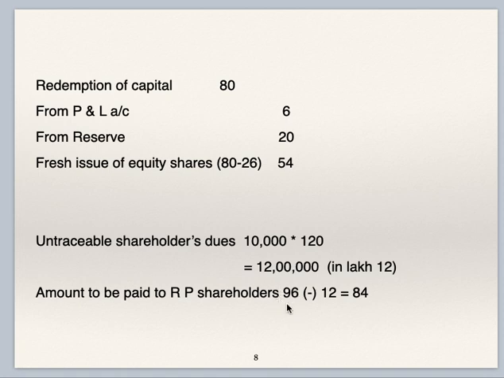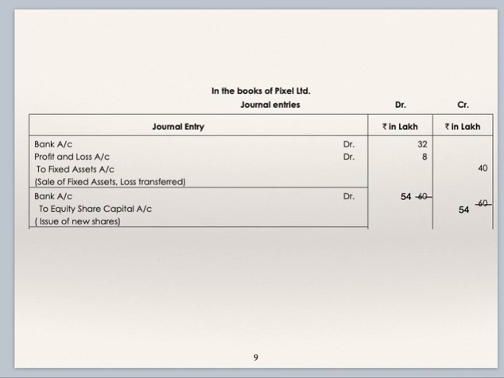Just now we have seen 80 capital plus 16 premium. Out of that, company cannot pay 12 because one shareholder is untraceable, his dues are 12 lakhs. So amount to be paid to redeemable preference shareholders is 84 lakhs.